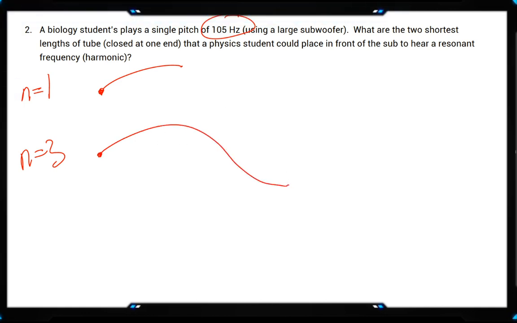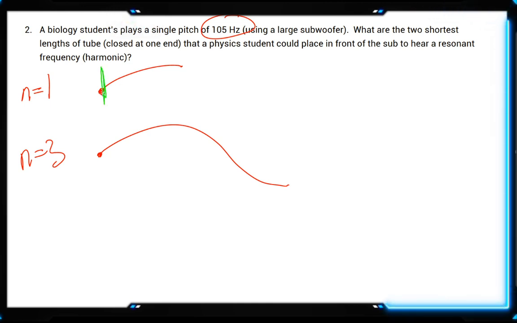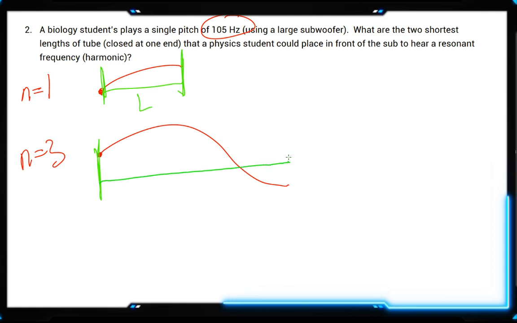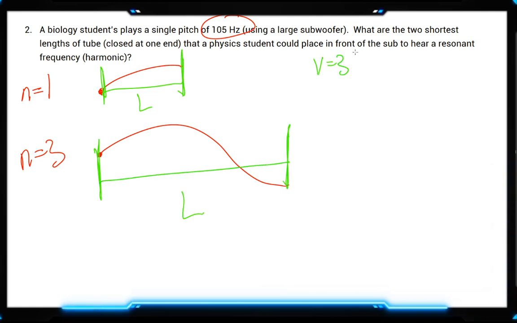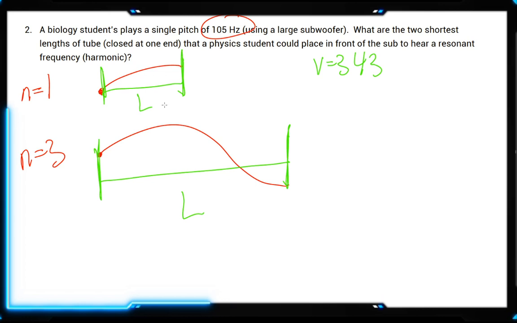So there's our system, and our goal in the question is how long should this pipe be, and how long should this pipe be? Well, the velocity of sound is the same as before, 343. So we have the speed, and I can write wavelength in terms of L here.